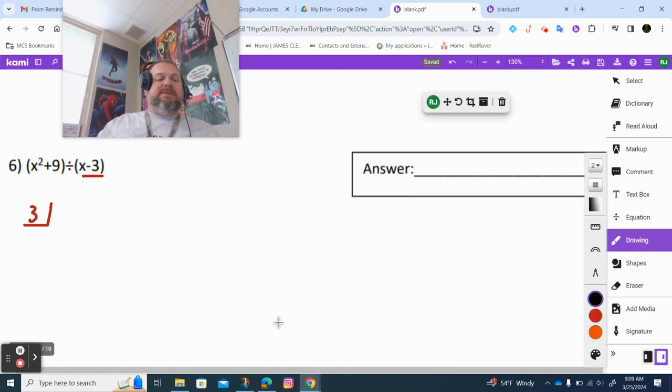All right. There's something missing right here. What's missing? Yeah, x to the first, or the x term. So we have to put a 0 right here in the middle.